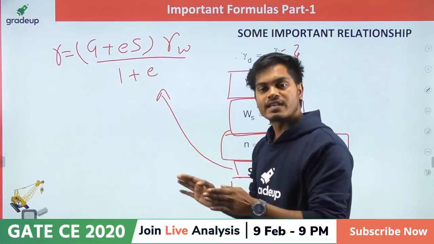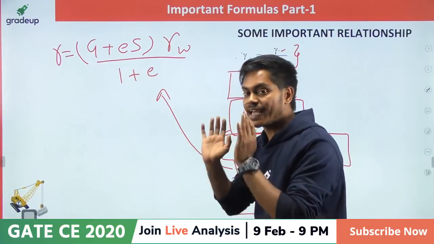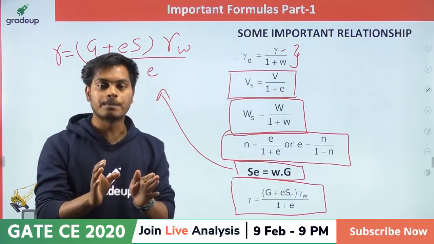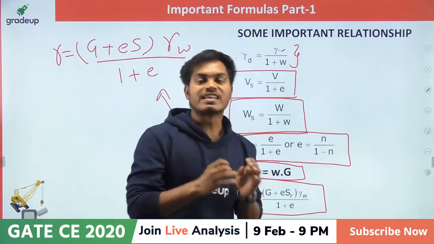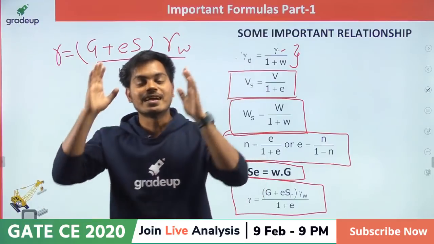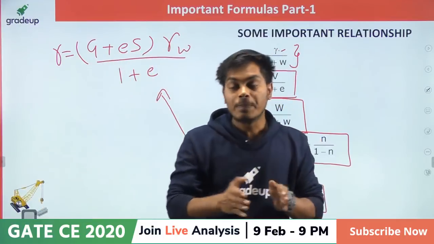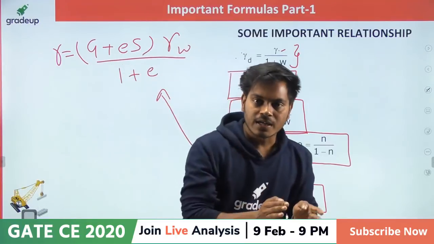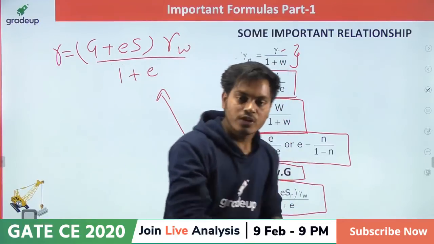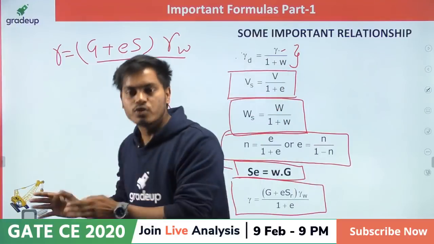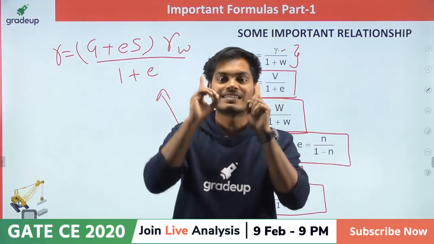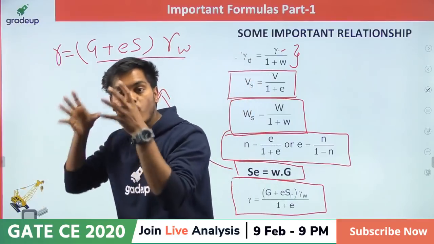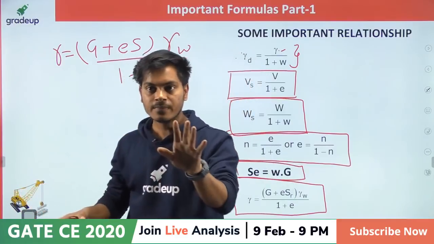Unit weight of the sample in its existing condition. अगर sample submerged है, if the sample is submerged, then its submerged unit weight will become its bulk unit weight. ठीक है? If it is dry, then your dry unit weight is nothing but bulk unit weight. So bulk unit weight is that unit weight which is there at the existing condition of the soil sample. ठीक है? Next.